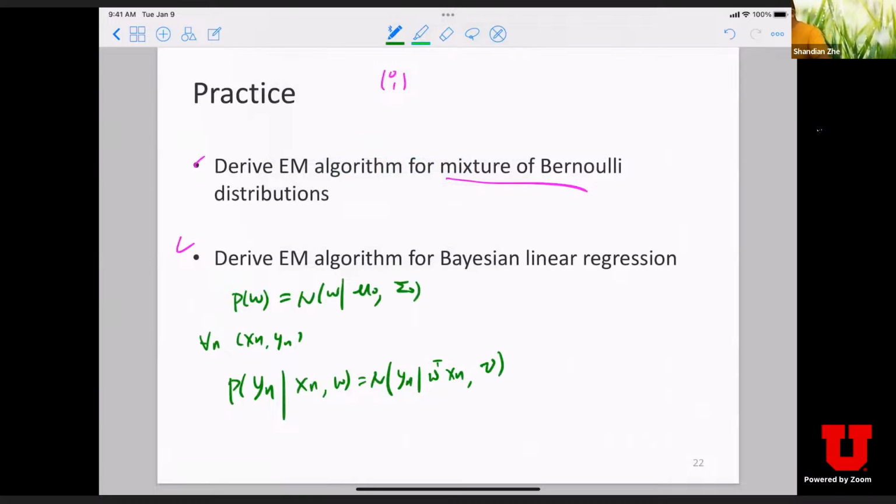Then you can write down the joint likelihood of w and y given x, which is the prior of the weight times the likelihood. We assume the data points are IID, so we get this Gaussian likelihood over all the data points, conditioned on w.